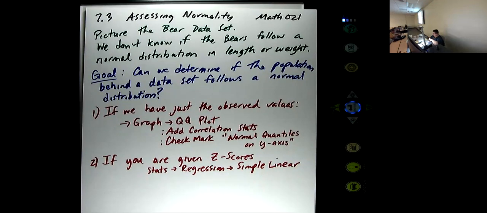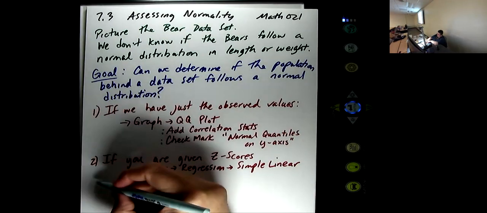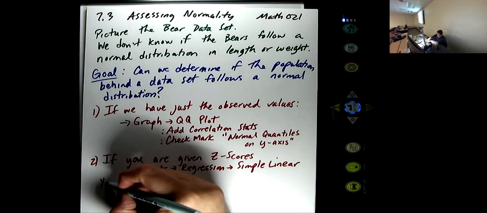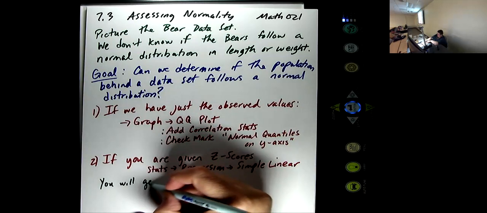With both of these, you will be able to find R. You will get R, the correlation statistic.